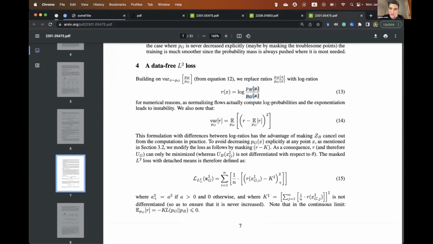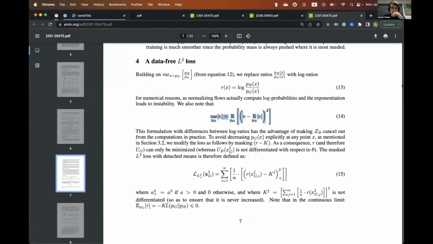Because here we also have this ratio, but how does this compare against your objective? So they basically try to directly optimize the variance of this objective, which is the log importance weights.